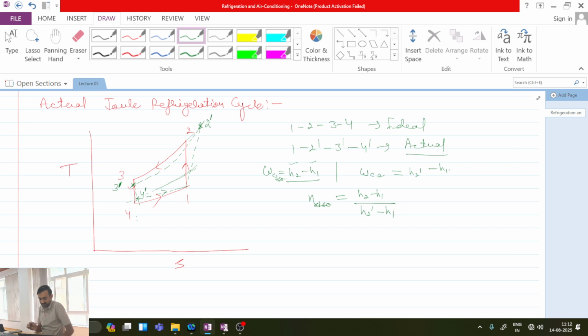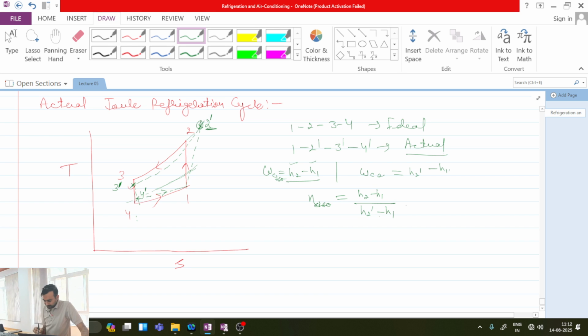Okay, and this actual work supplied to the compressor will also give you the value of enthalpy at point 2 dash, because actual work can be written as H2 dash minus H1. So if you know the value of H2 dash, you can locate the exact point.